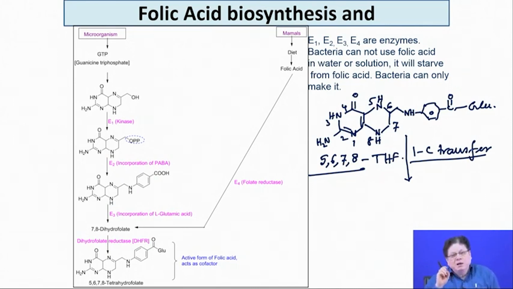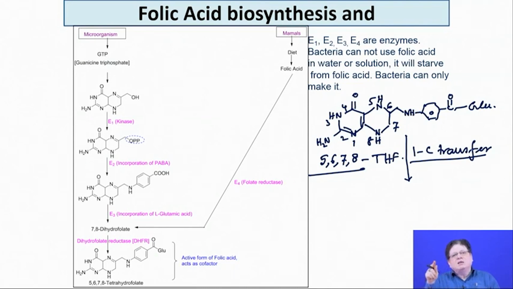I can give you an example: in RNA you have uracil and in DNA you have thymine. The difference between thymine and uracil is basically one carbon, one methyl, and in fact thymine is derived from uracil. Uridine monophosphate, UMP, means you have the uracil, then the deoxy sugar, and then the phosphate.